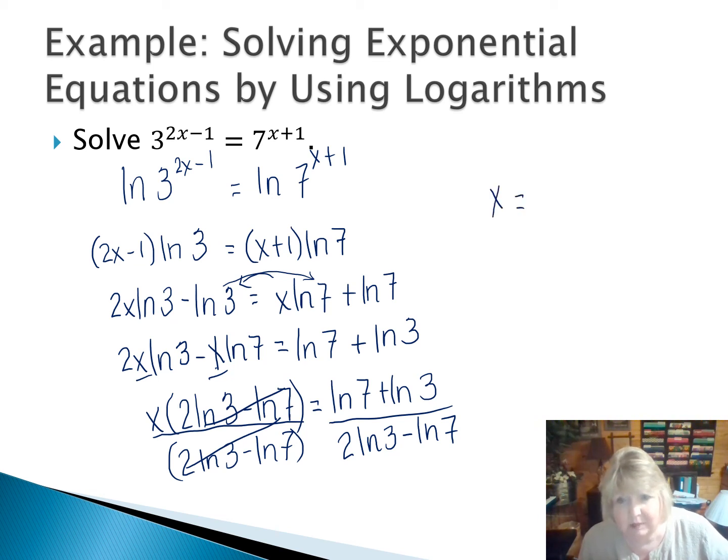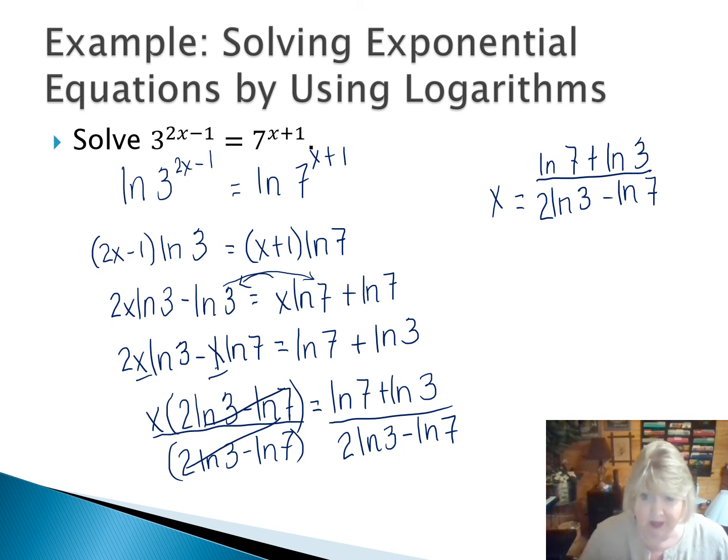Now let me explain the difference in answers here. If you're operating in a class like my students are, that is not allowed to use a nice calculator, we're stuck with 4 functions, then this is my final answer because we cannot do all these evaluations without a nicer calculator.